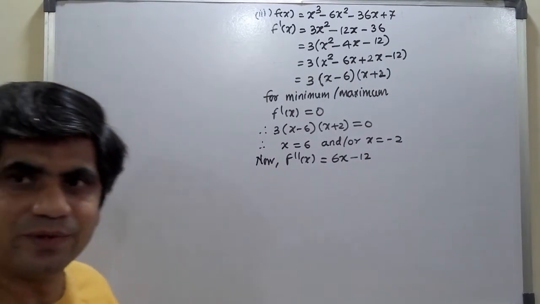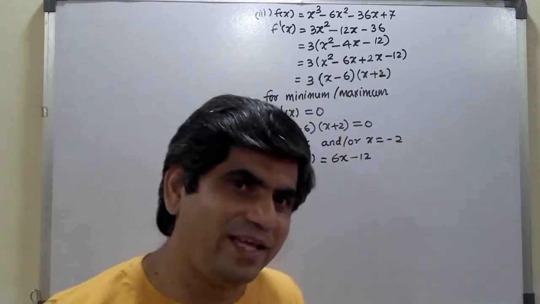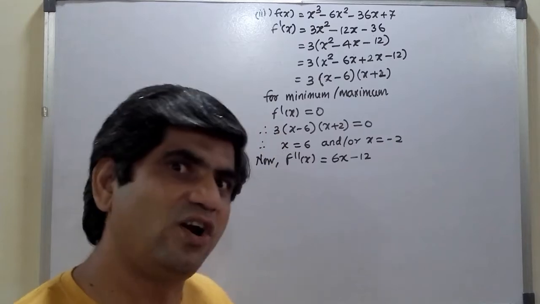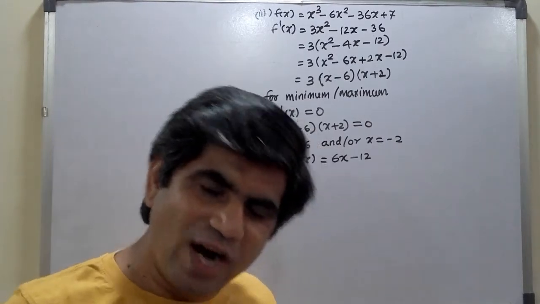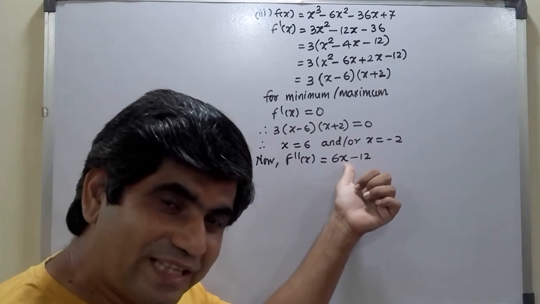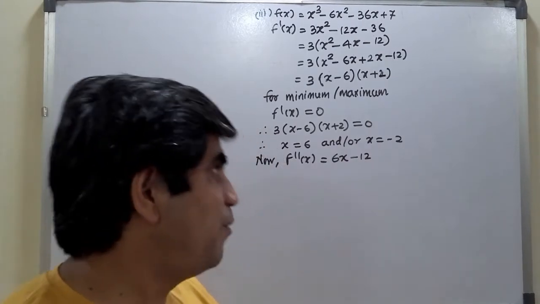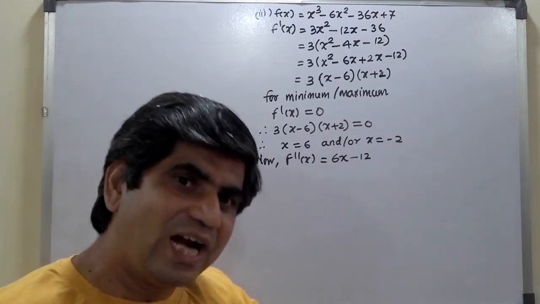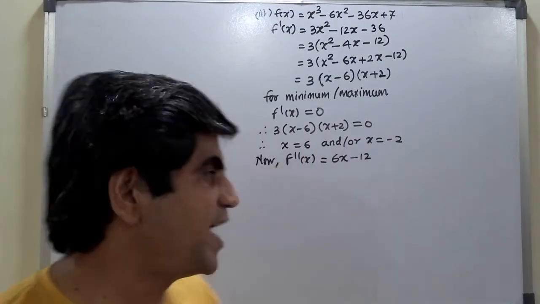This is your second derivative. Now you will ask me, okay Sameer sir, you told us that I am going to get positive or negative, but I did not get anything. Yes, you did not get anything because you still have a variable over here. For that variable you have a value, either 6 or minus 2. So put that value and decide now whether it is positive or negative.